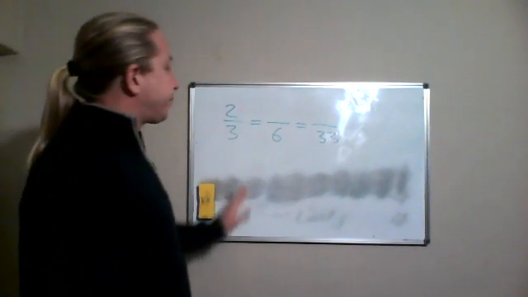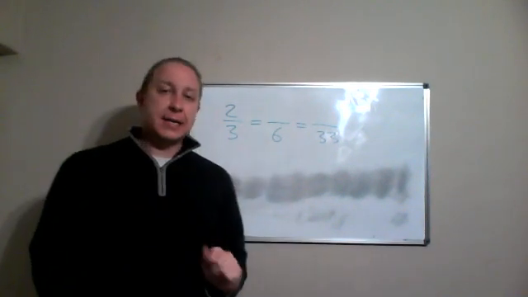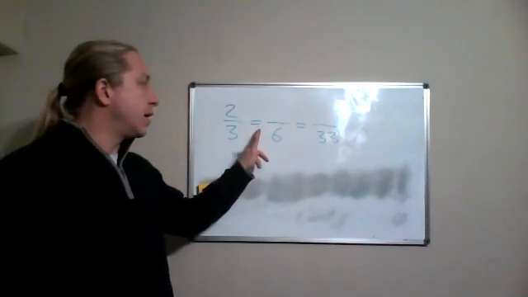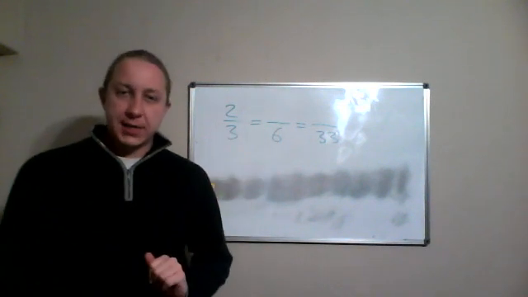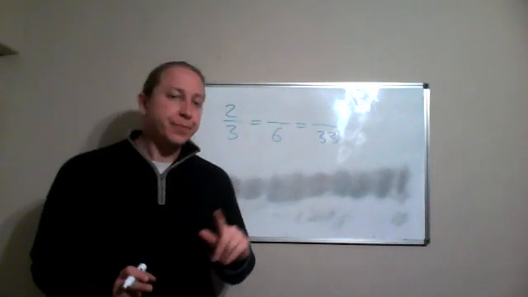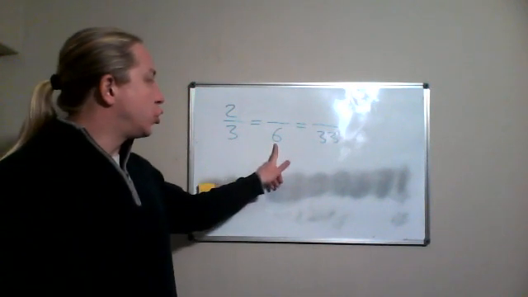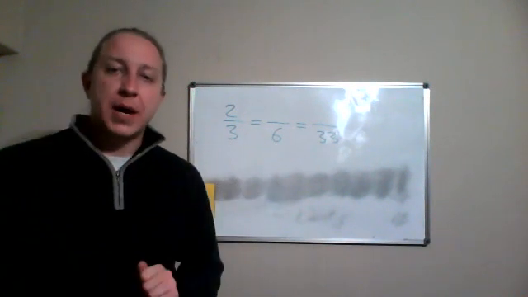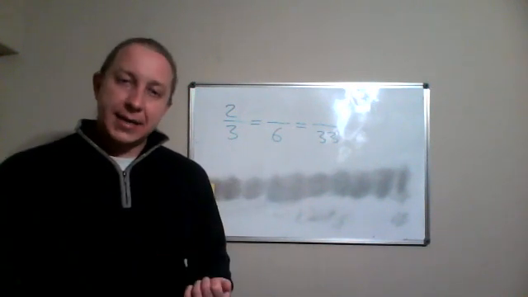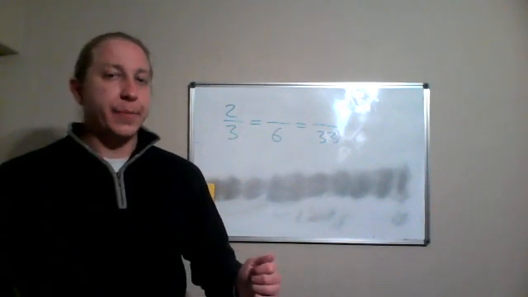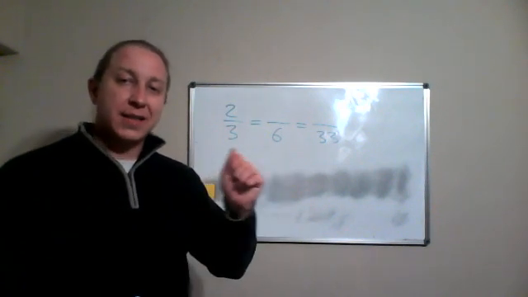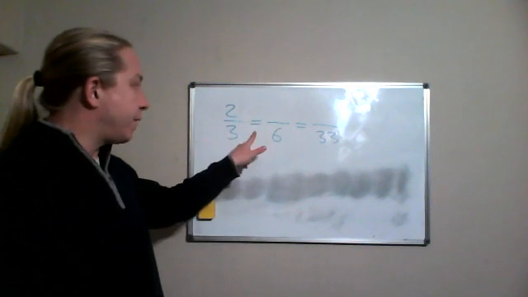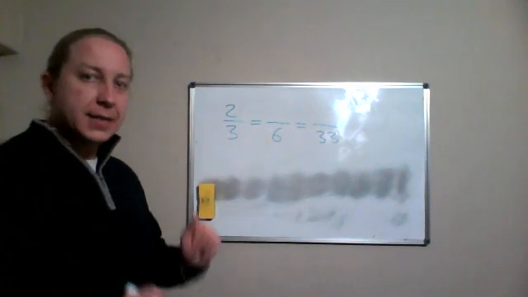Okay, guys, so the idea here is that since we have an equal sign, these fractions are all the same. So remember, to get from a 3 to a 6, we had to multiply by something. Whatever that something was, whatever we did at the bottom, we must have done at the top because our fractions are equal. Okay, that's the idea.